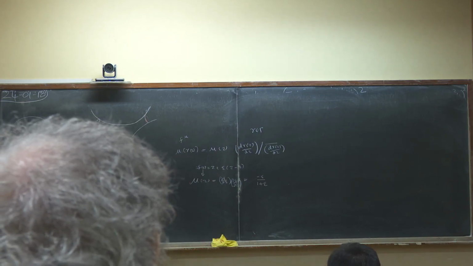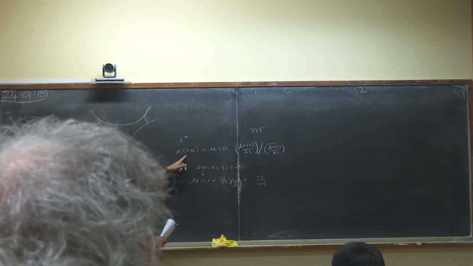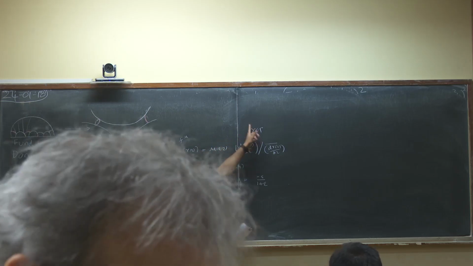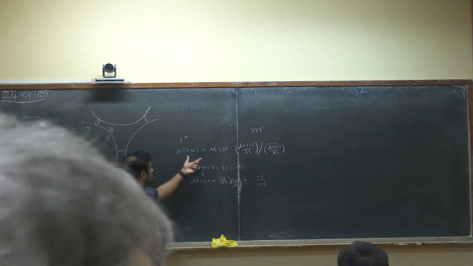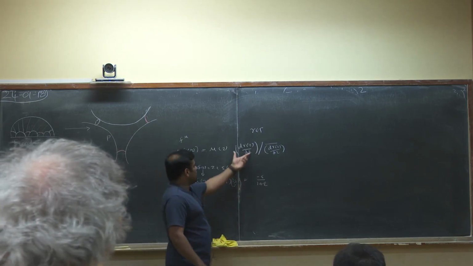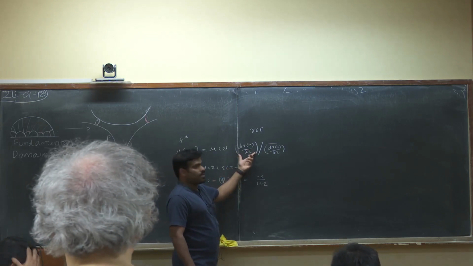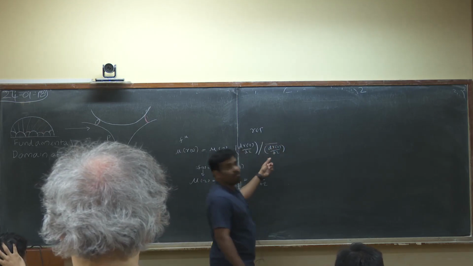So if I start with a Beltrami differential mu(z), then I can act with an element gamma of the Fuchsian group. Once you act that, you should produce mu(z) multiplied by d gamma(z) divided by dz over the complex conjugate of d gamma(z) divided by dz.